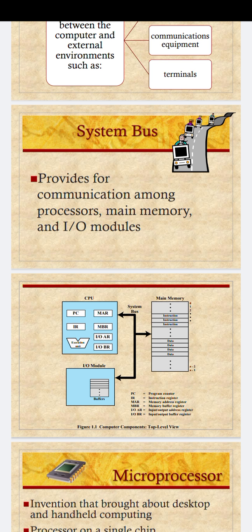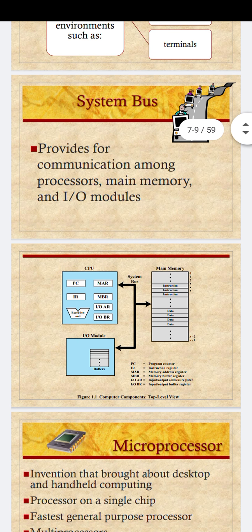So as you can see, the PC means program counter, the IR means instruction register, MAR means memory address register, and MBR means memory buffer register. I/O AR means input output address register, and the last one, I/O BR, is the input output buffer register.